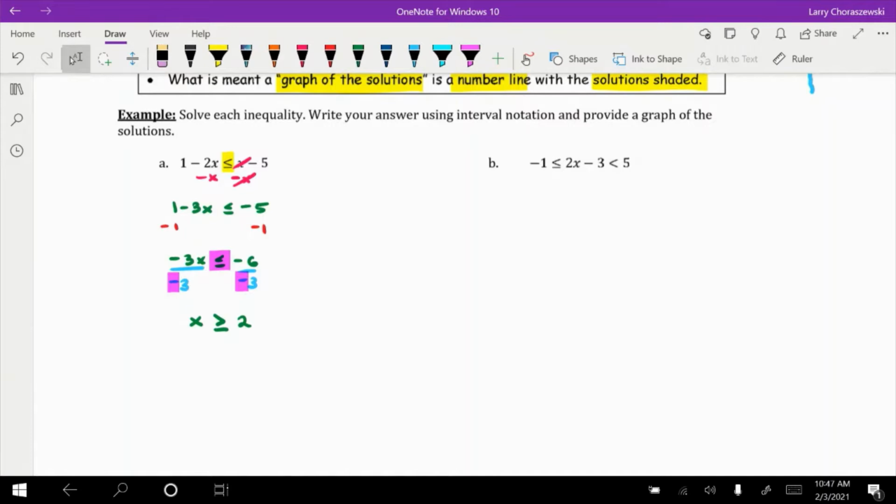And once you have x isolated, you've solved the inequality, and the version of the answer that you get is what I like to call the inequality version of the solution. But they also want us to provide a graph and write things in interval notation. Before I do that, do you have any questions about the algebra?